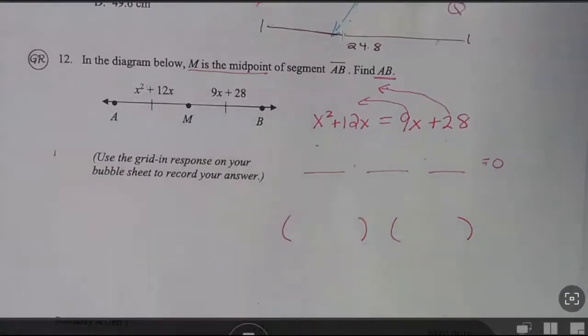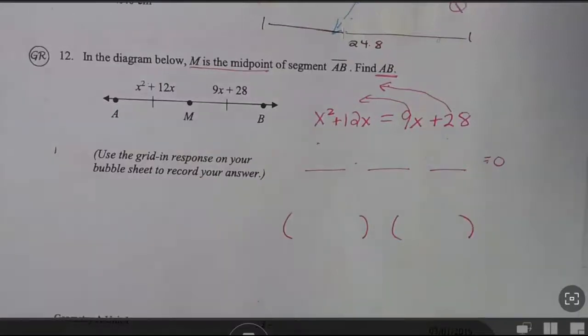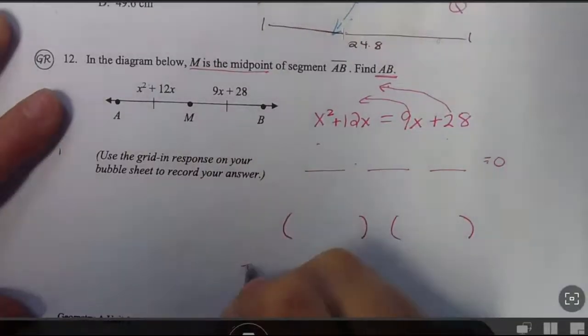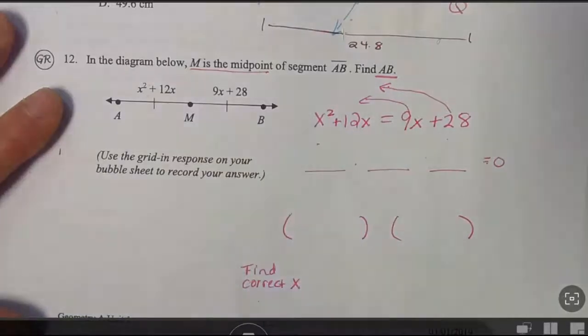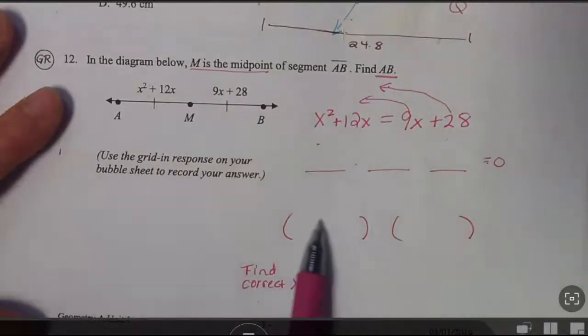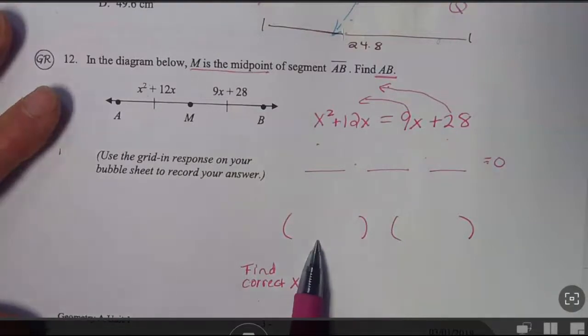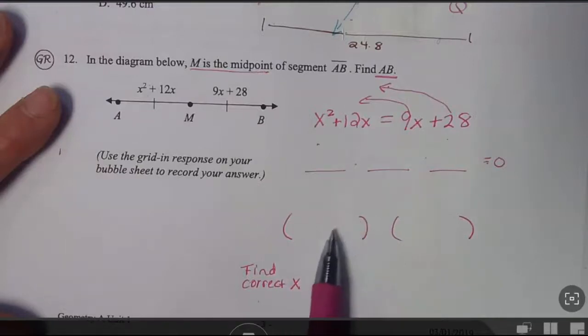Once you find x, you have to plug it back into one of the sides. So you have to first find the correct x. Remember, we have to find the x that when we solve the root, it's positive. You could also remember that it's the opposite of what you come with here.